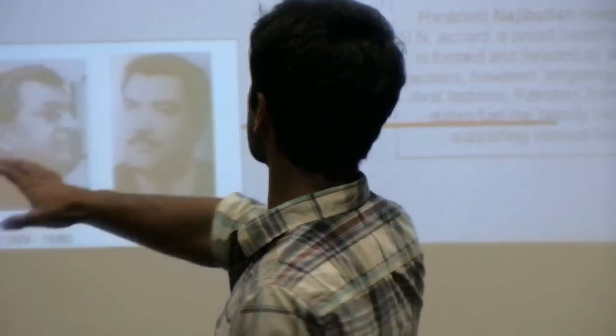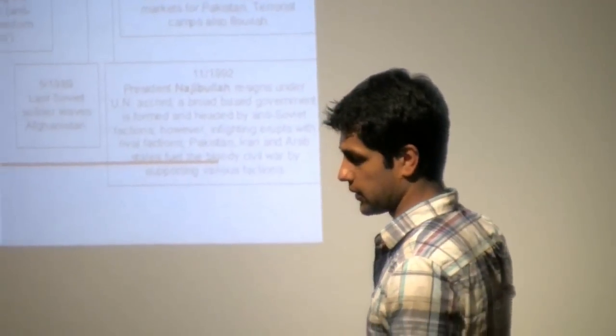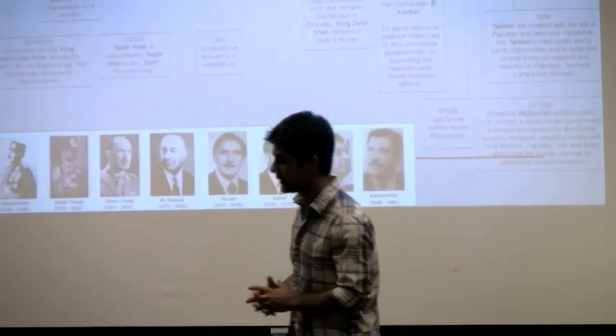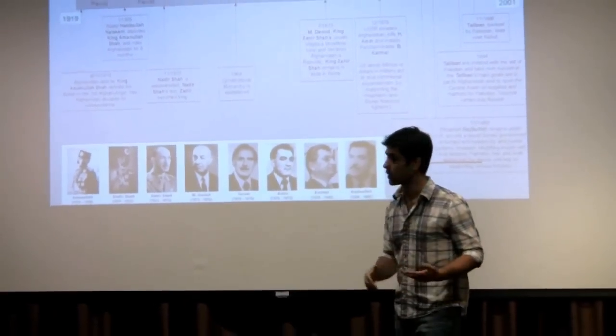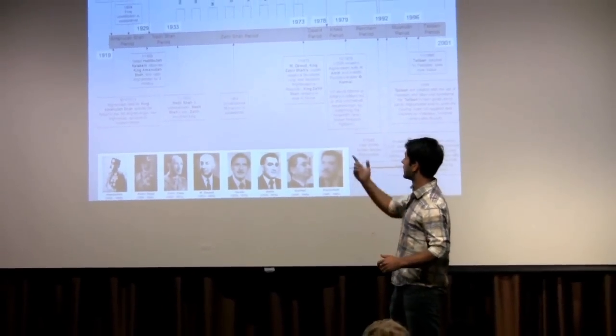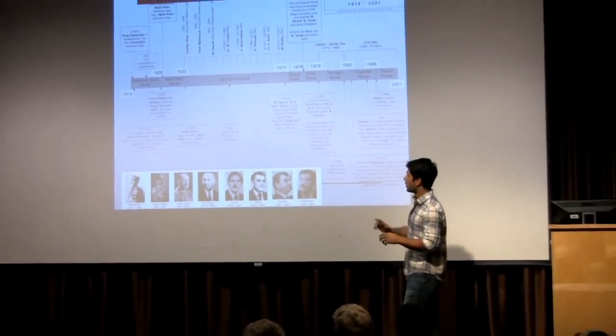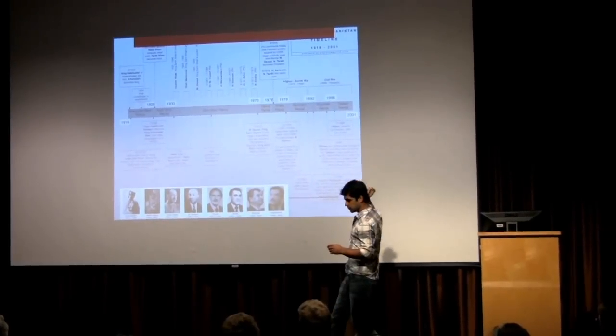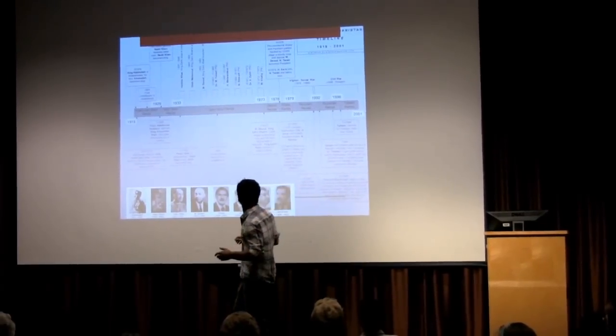So this is the timeline of who was in control of Afghanistan until 2001. From 2001 until now, it's Hamid Karzai. It's not shown here, but it starts in 1919, because we got our independence from Britain at that time. We will be focusing only on 1979 to the present.